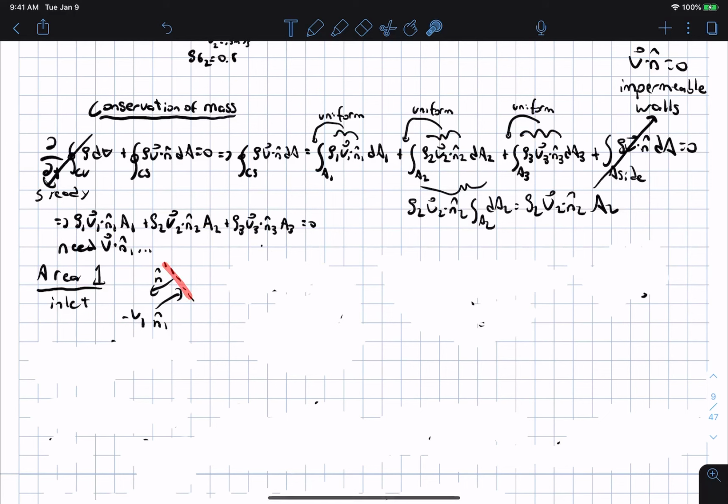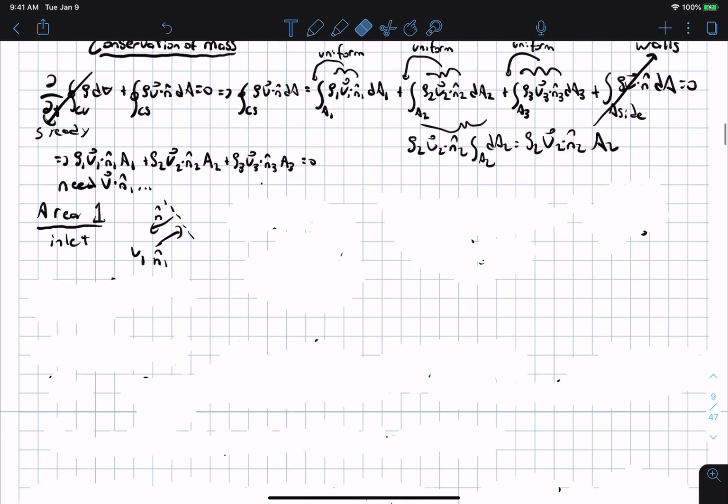Area 1 was going in this direction, where there was water going in. I know that n hat points outside, so that would be pointing down, and I have fluid going in, so that is basically pointing in the opposite direction. Okay, so it's an inlet.